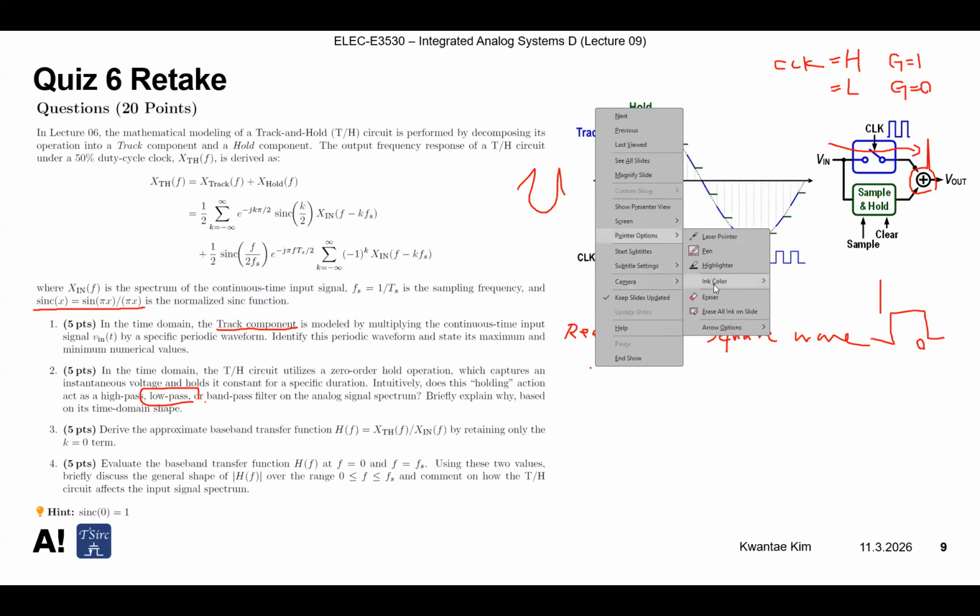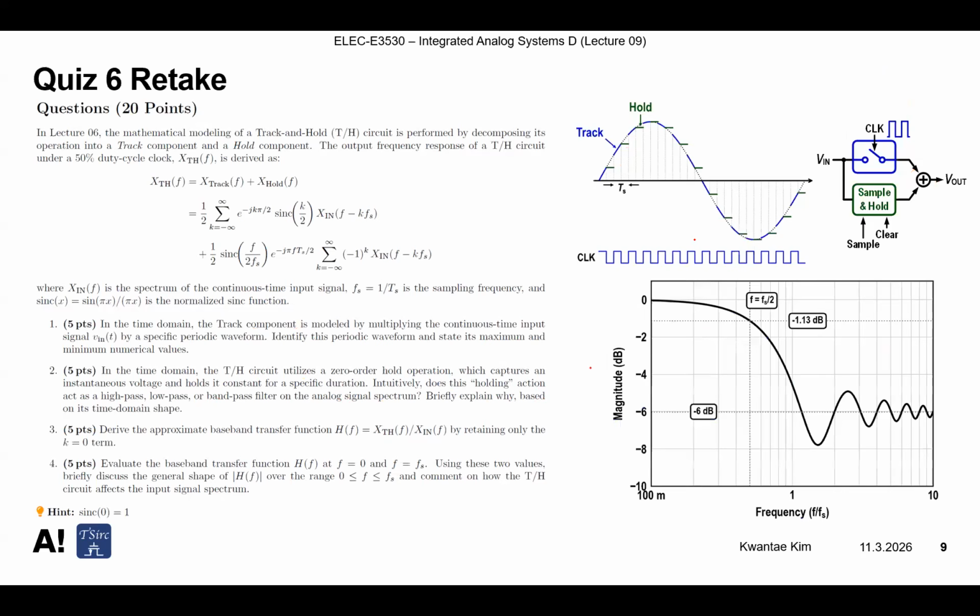And the time domain shape is as we studied. This is it, right? Low pass filter because of the sinc function. The sinc function has this kind of bell shape around a certain frequency, and it touches 0 at x equal to 1, because that means sine pi over pi, which goes to 0.